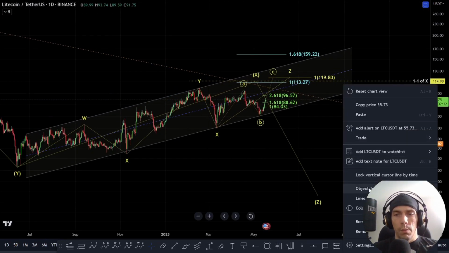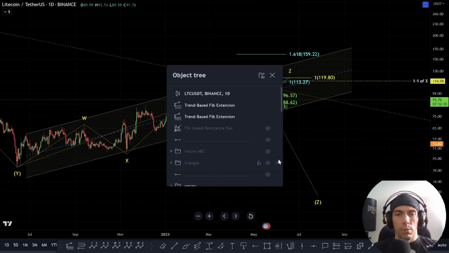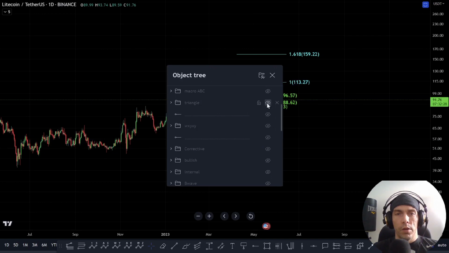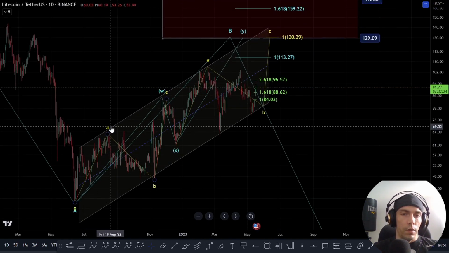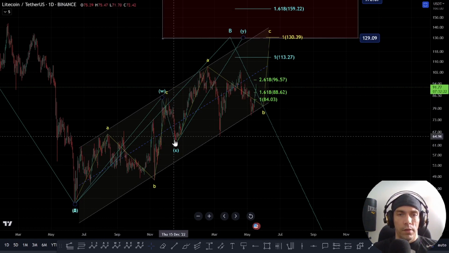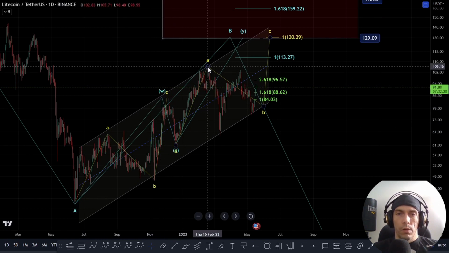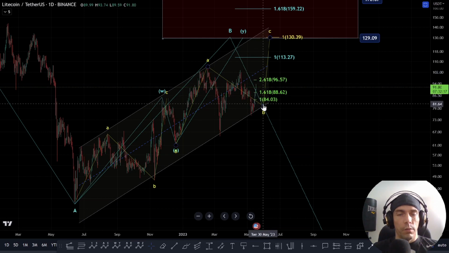Now, the other way we could potentially argue that we could see this move, and this would be counting it slightly different, is that if this is actually rather just counted in this way, ABC is a W, this is an X wave here. Potentially we could have just had an A wave here, and we're still looking for this B wave.